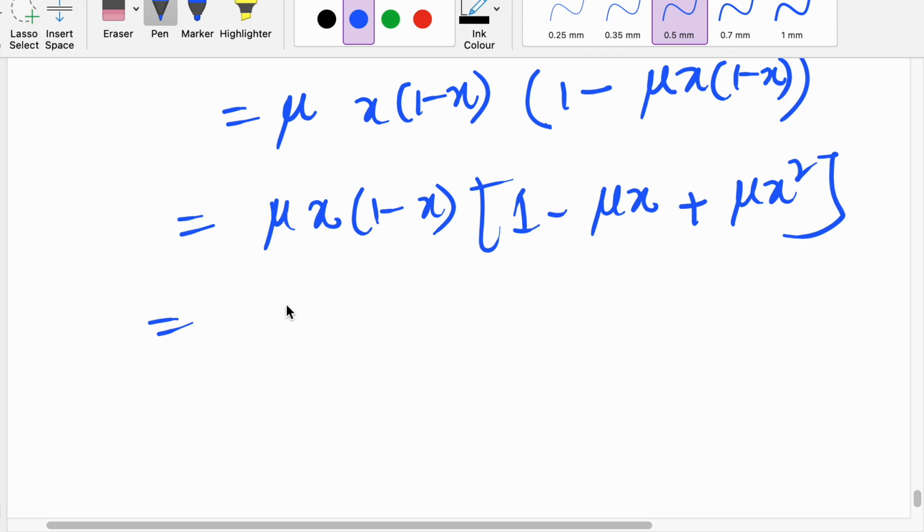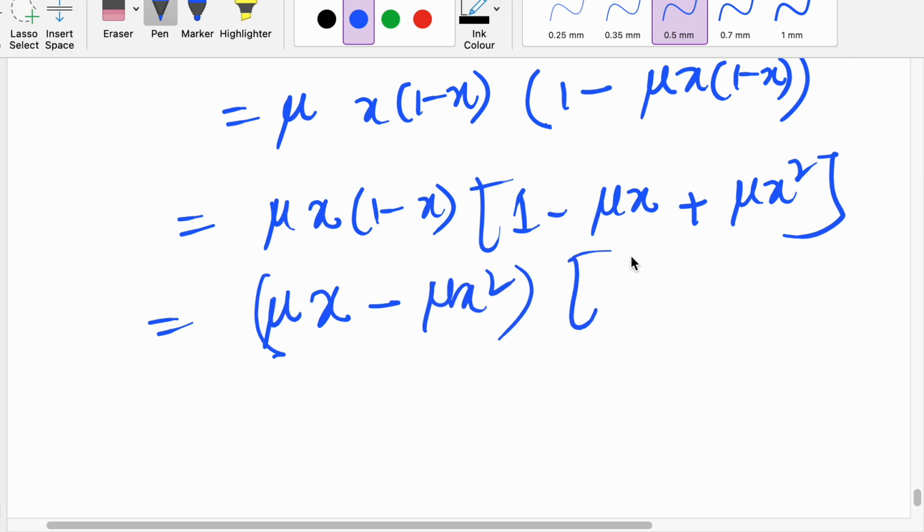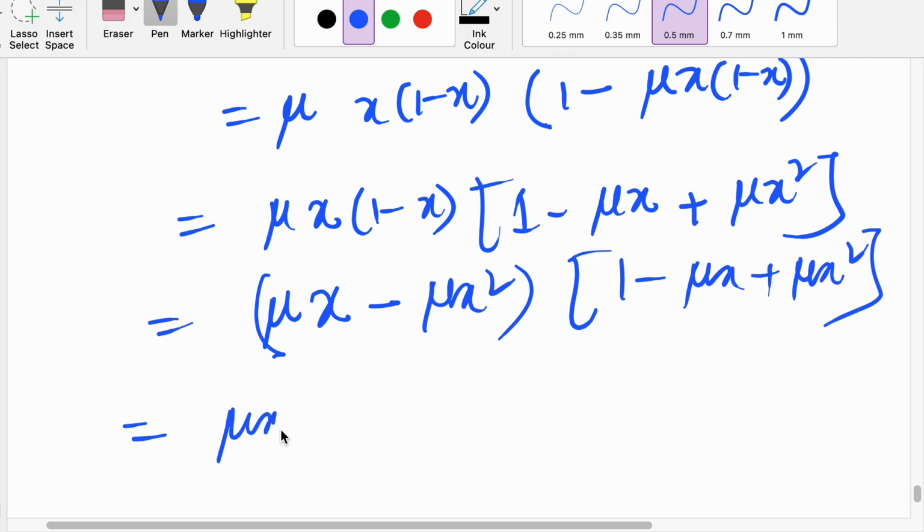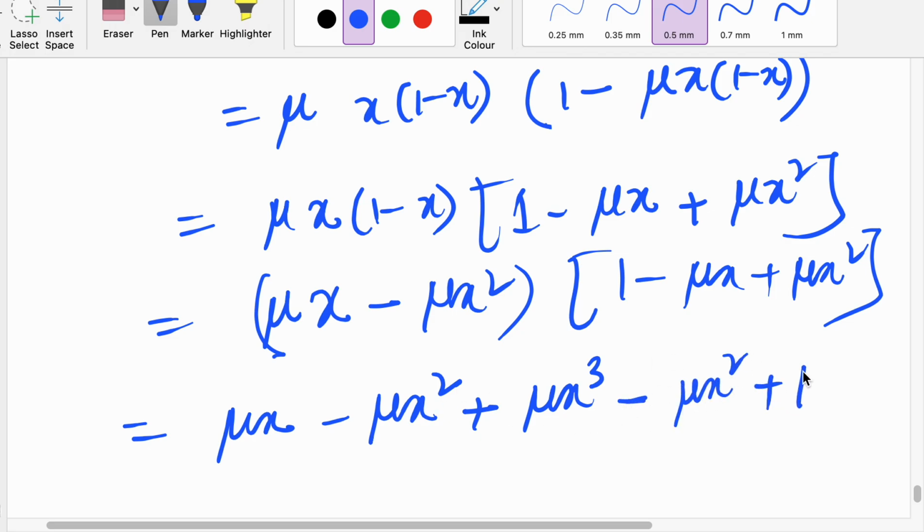So if I write it in this way, first is mu x, then mu x square, plus mu x cube, minus mu x square, plus mu x cube, minus mu x to the power 4.